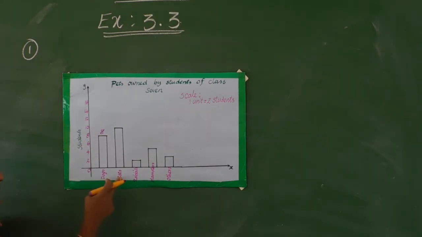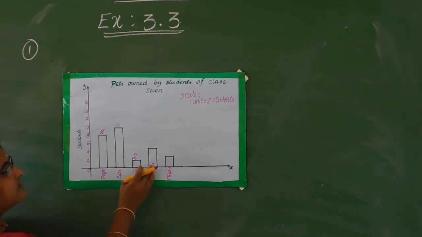The number of students who have cats: the height of this bar is 10, so 10 students have cats. Likewise, rabbits. How many students have rabbits as a pet? It is equal to 2. So 2 students have rabbits as a pet.